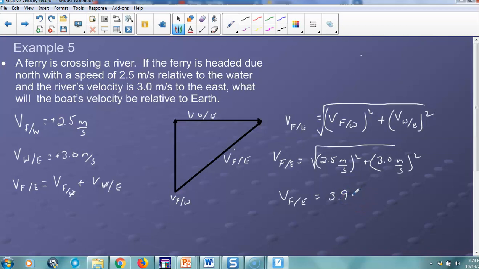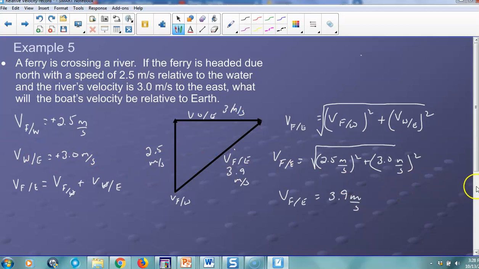So we'll just call it 3.9 meters per second. And we need a direction also. So we know that this is 3.9 meters per second, we know that this is 2.5 meters per second, and we know that this is 3 meters per second.